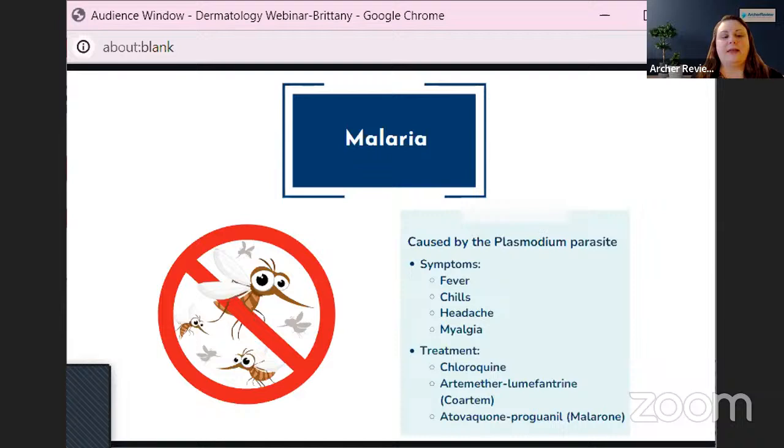If they're going to an area that could be mosquito heavy, they're going to need to take something like a bug net and DEET spray. If they do happen to come in contact with an infected mosquito, we can diagnose them with malaria through a blood smear. And there are several anti-malarial medications on the market. I've listed several here on the slide for your review.